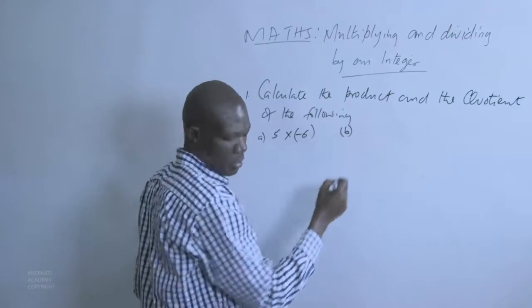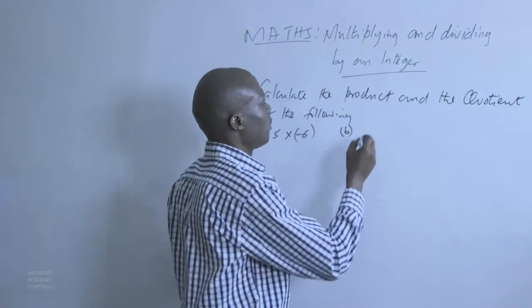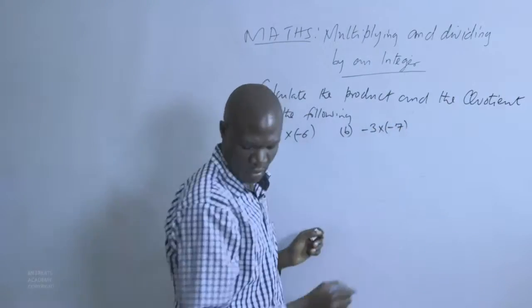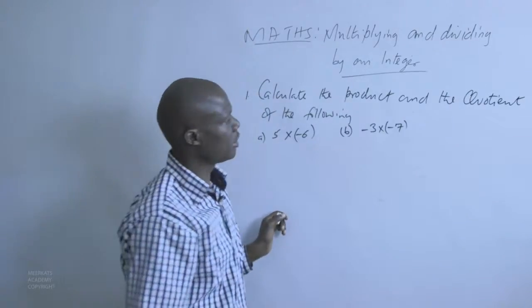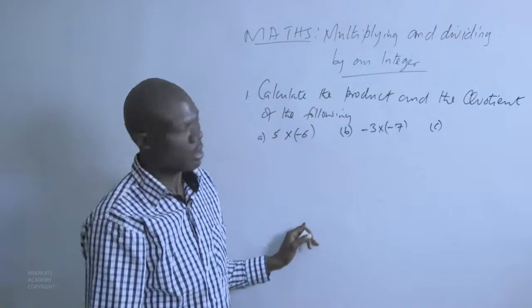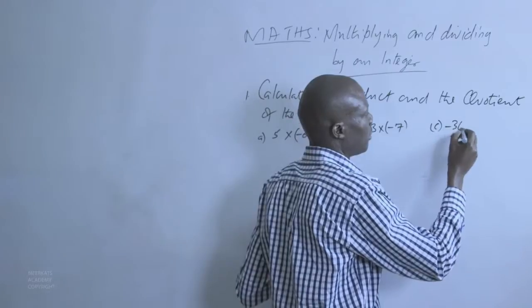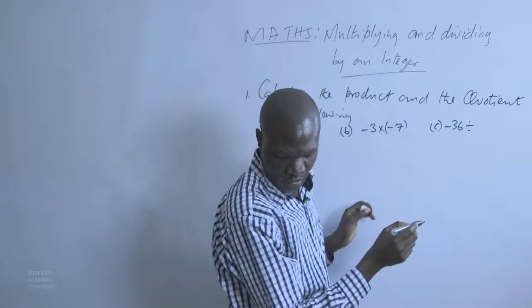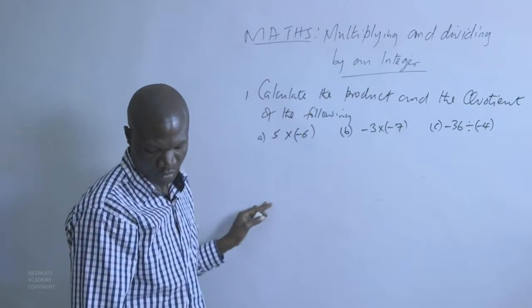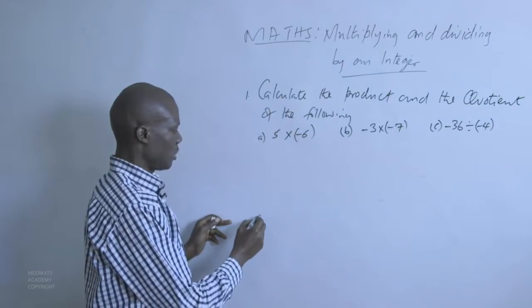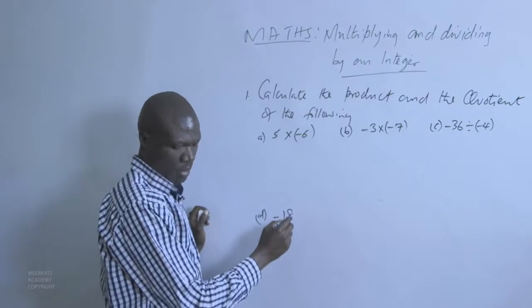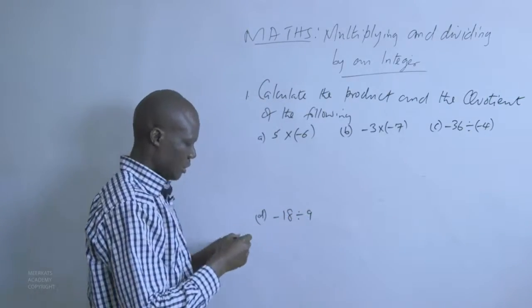B, we have minus 3 times negative 7. C, we have negative 36 divided by negative 4. And D, negative 18 divided by 9.